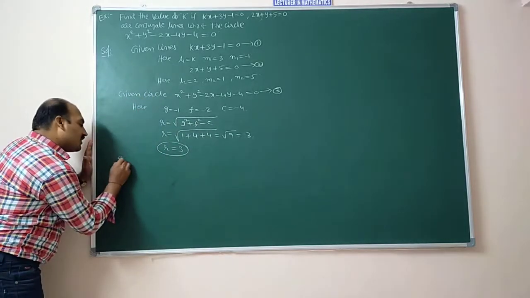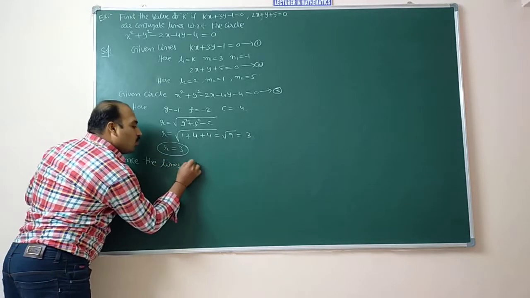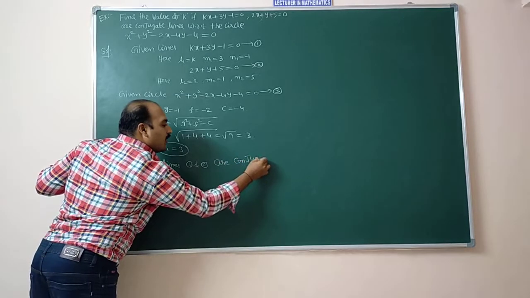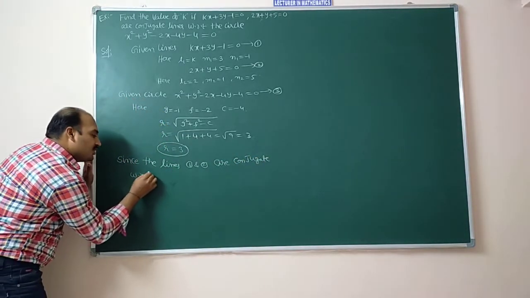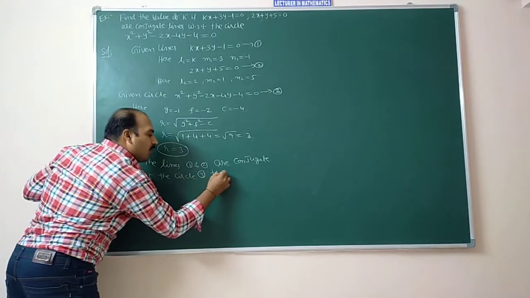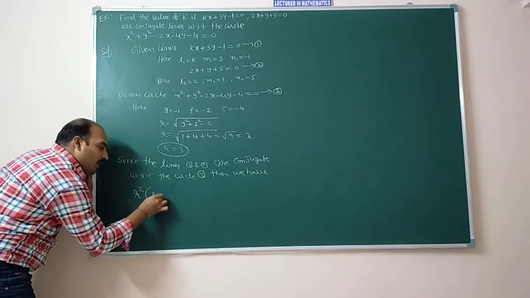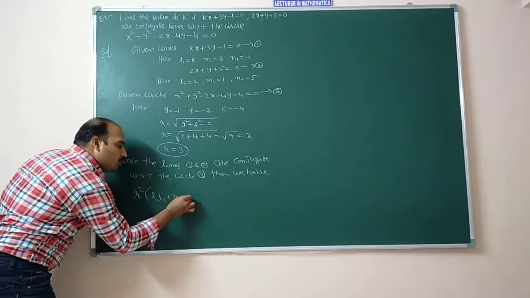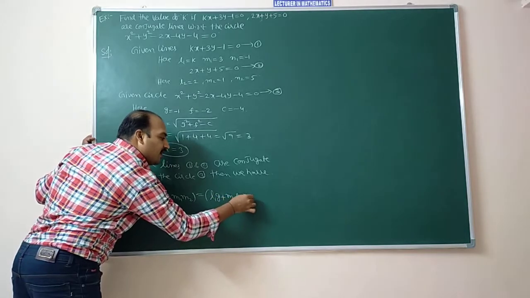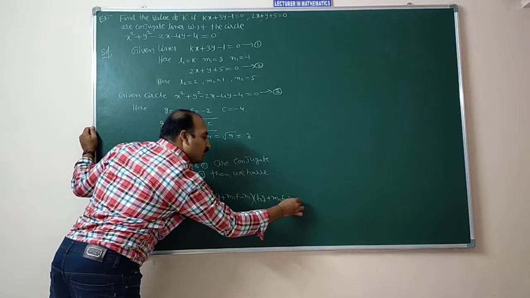See, since the lines 1 and 2 are conjugate with respect to the circle 3, then we have the condition: r square into (L1 L2 plus M1 M2) is equal to (L1 G plus M1 F minus N1) into (L2 G plus M2 F minus N2).